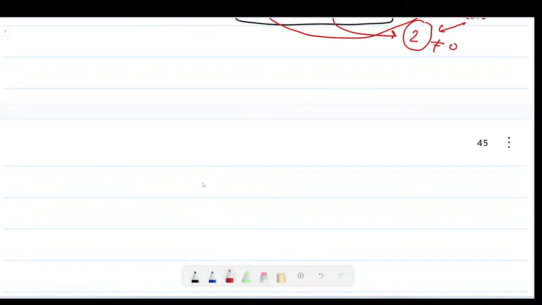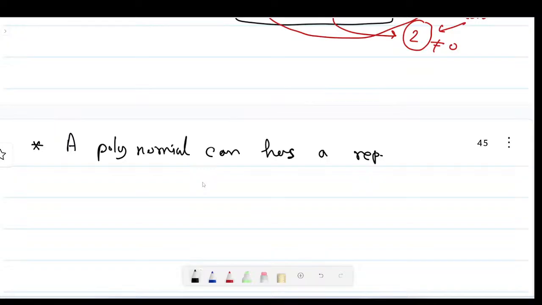My next point is, a polynomial can have a repeated 0. R-E-P-E-A-T, repeated 0.